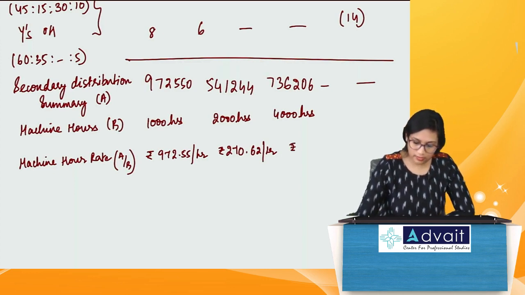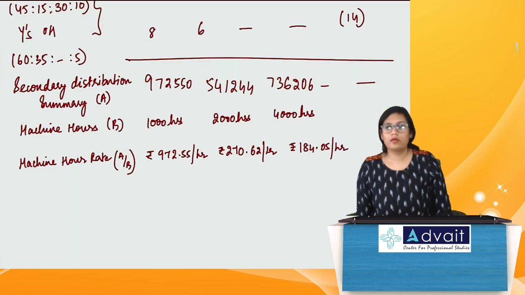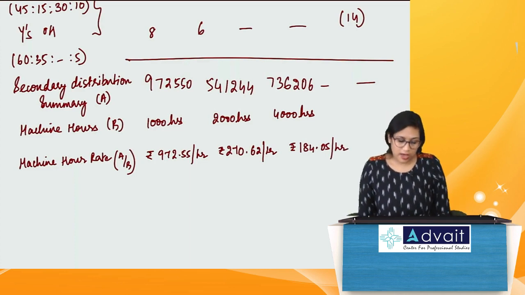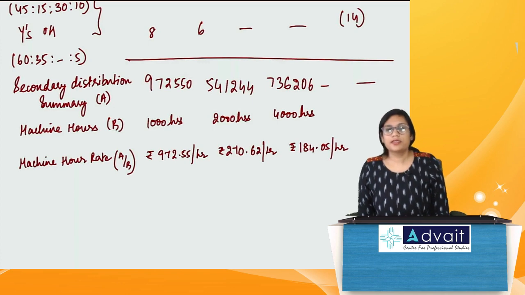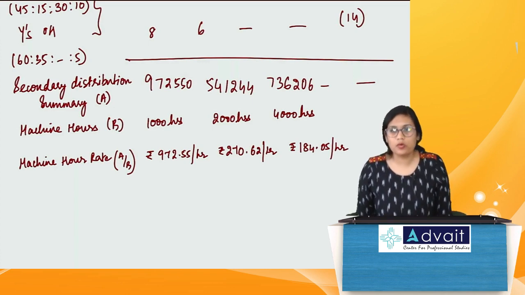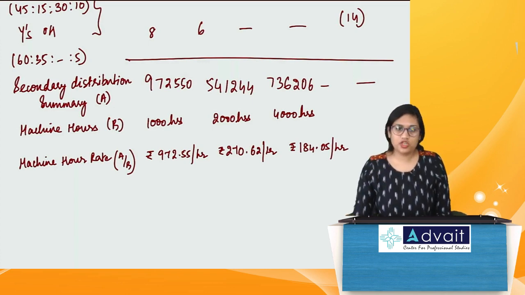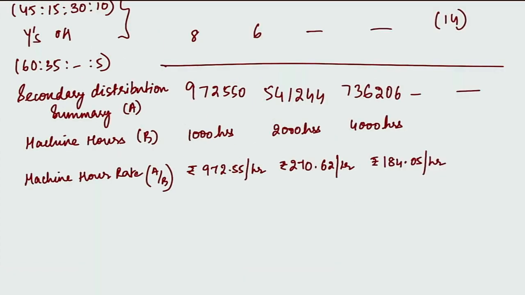And 184.05 per hour. So these are my machine hour rates. And step 6, which is absorption. Copy.